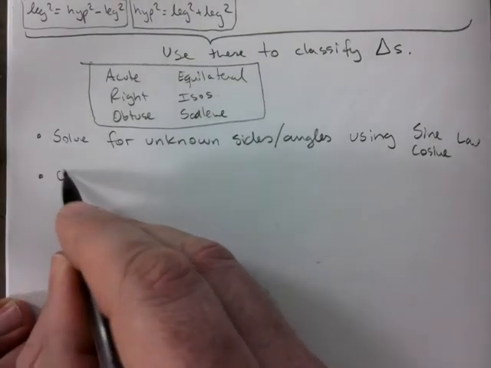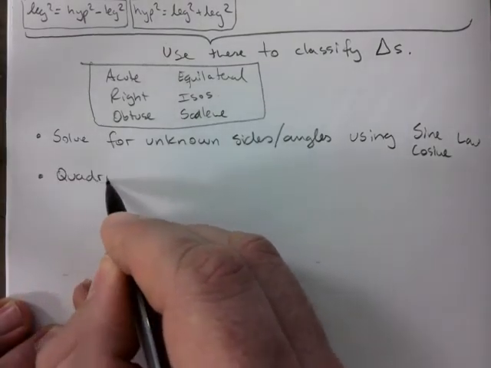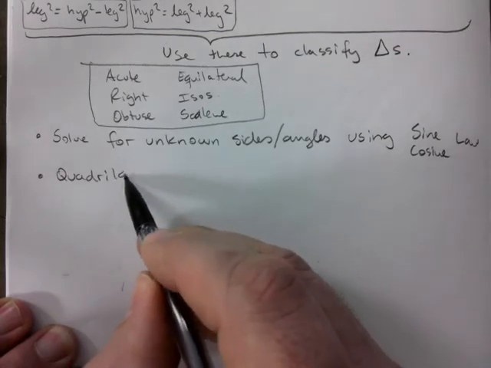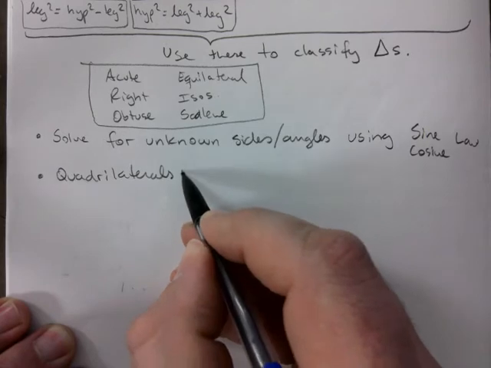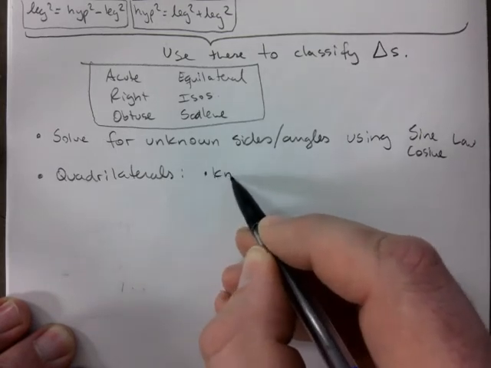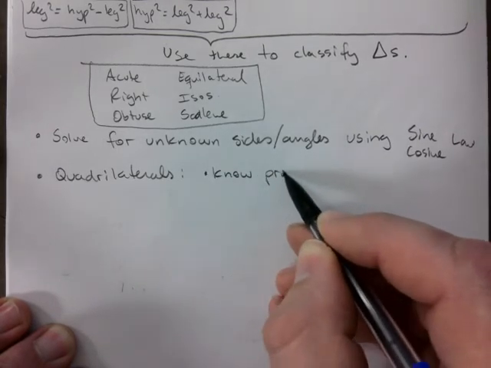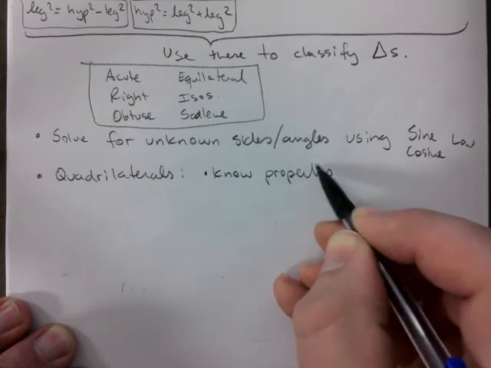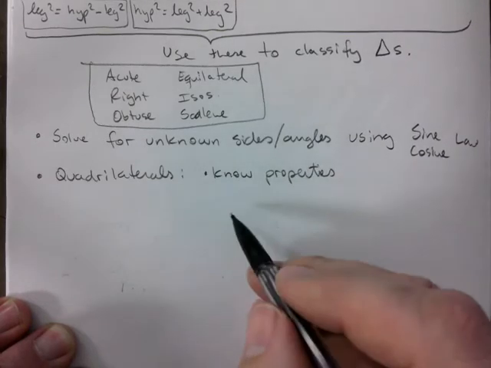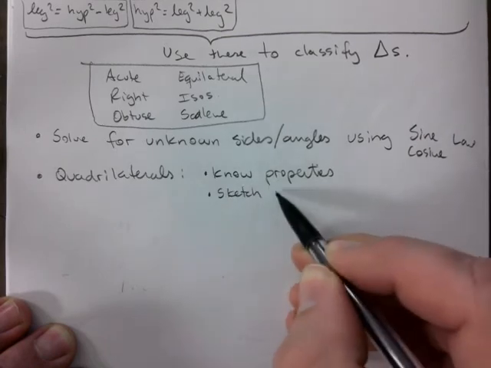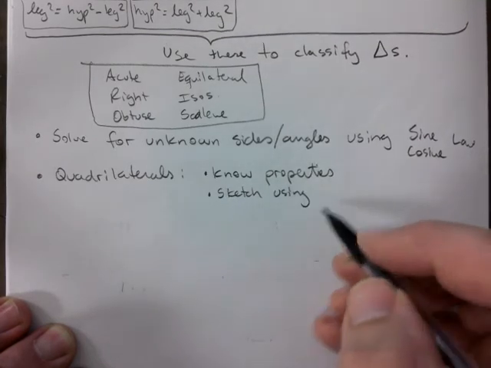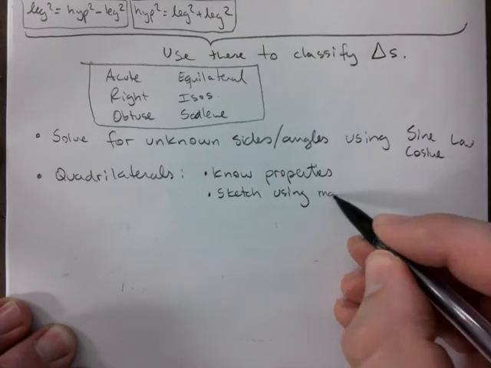Next one is quadrilaterals. I would say you got to know properties. Sketch using markings.